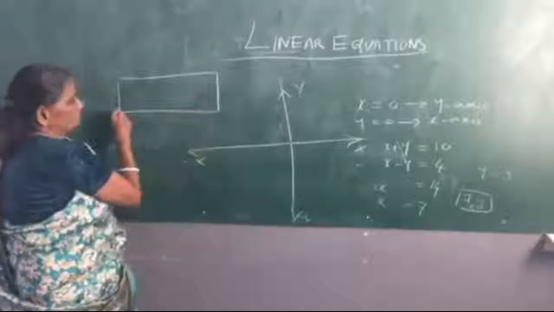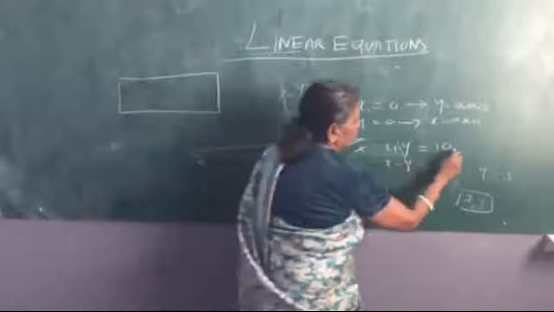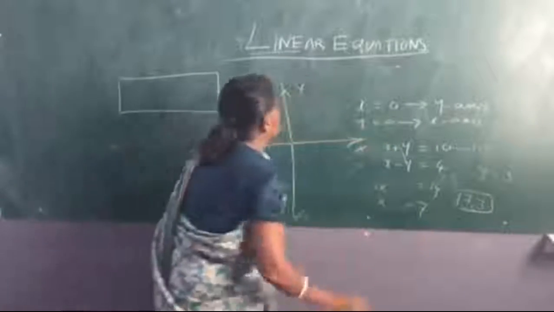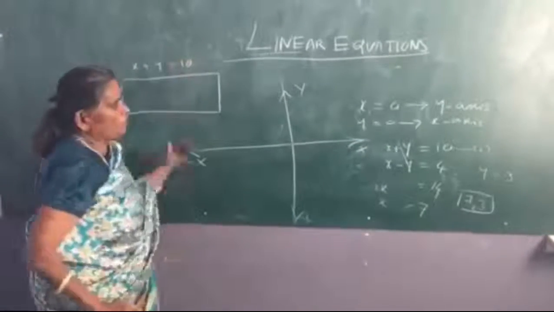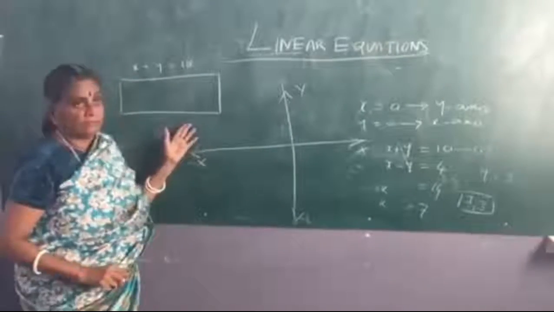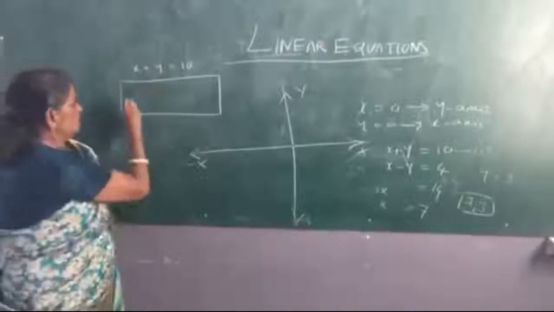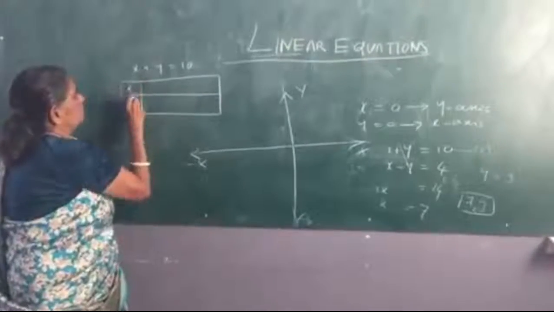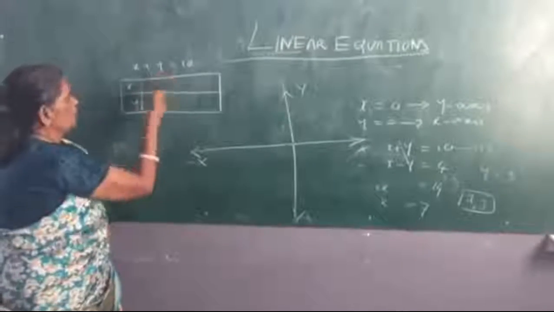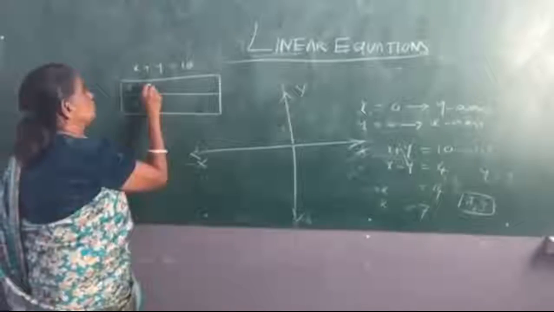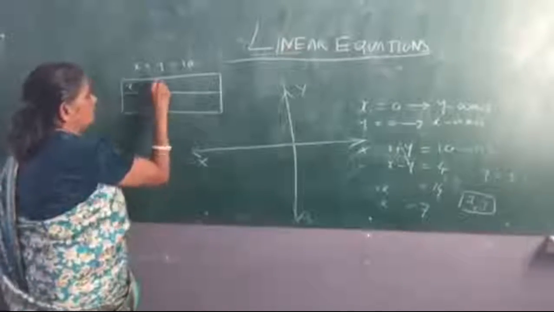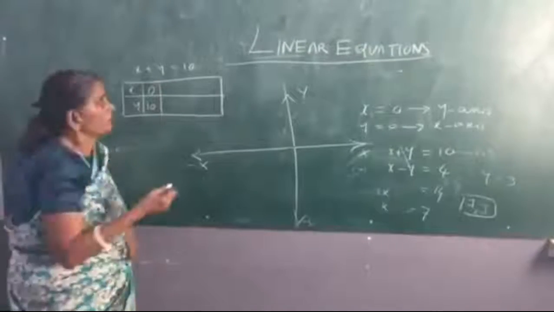See, first we will take the first equation. Always, when you want to trace the graph, write the equation over a table. So this is x, this is y. You simply give any integral value for it. Since this is 10, you give 0. If x is 0, y is 10, because you can calculate in your mind.